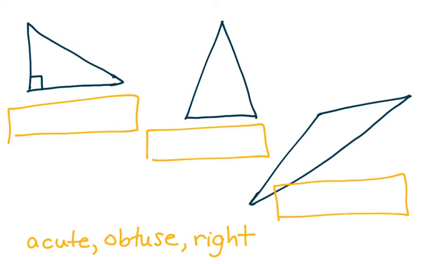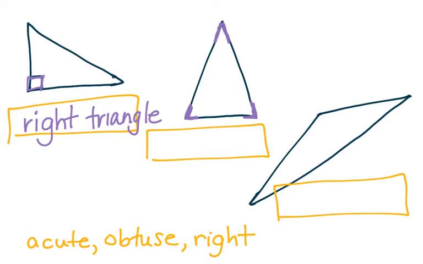So the first thing I see is it has a right angle. The minute I see any triangle has a right angle, it is called a right triangle. Next, I notice that all of these angles are acute. They're all smaller than 90 degrees.